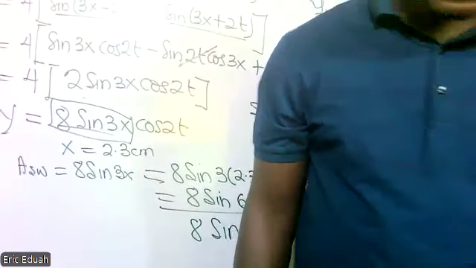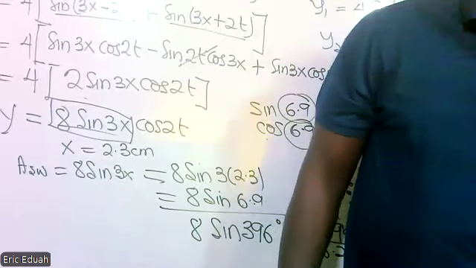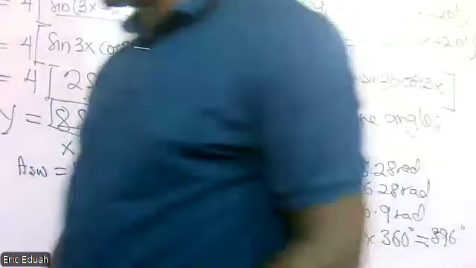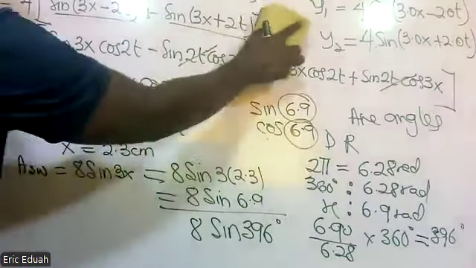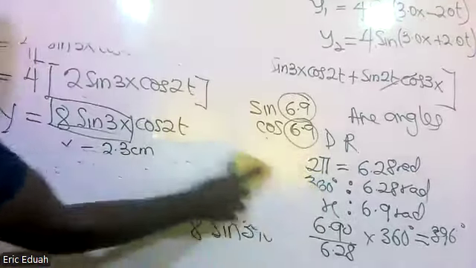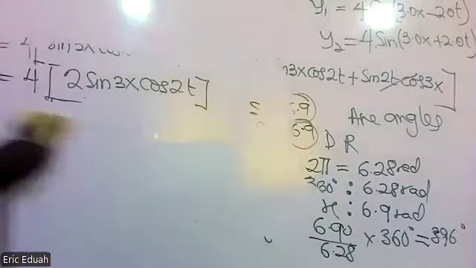All right, so the next question. The next question is demanding that we calculate positions of nodes and antinodes. Let's do this with some speed. Positions of nodes and antinodes.